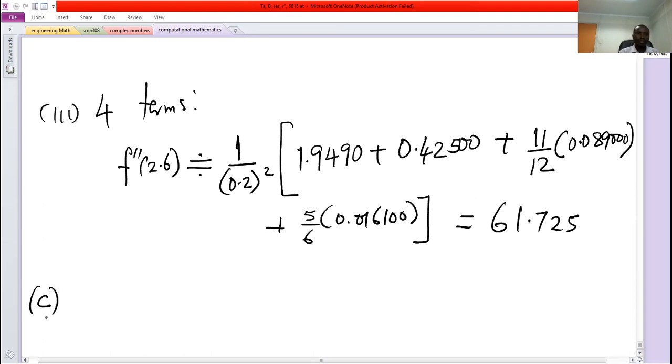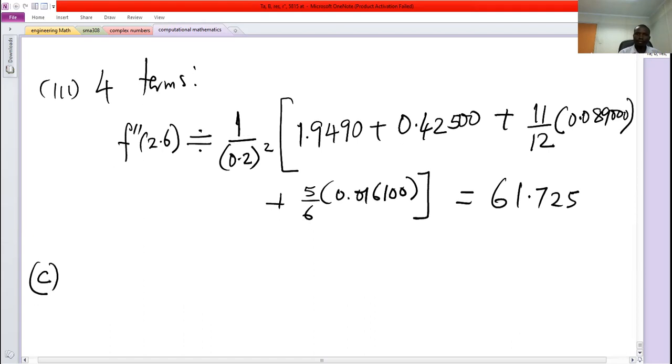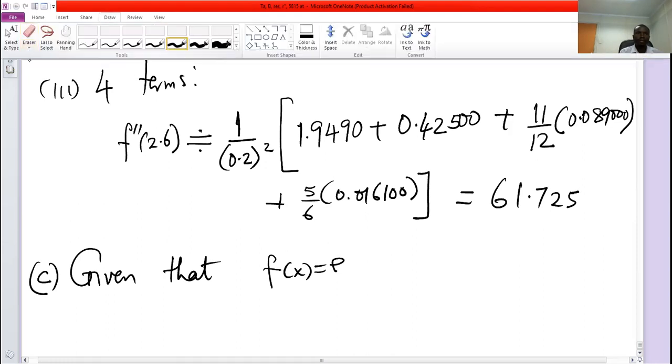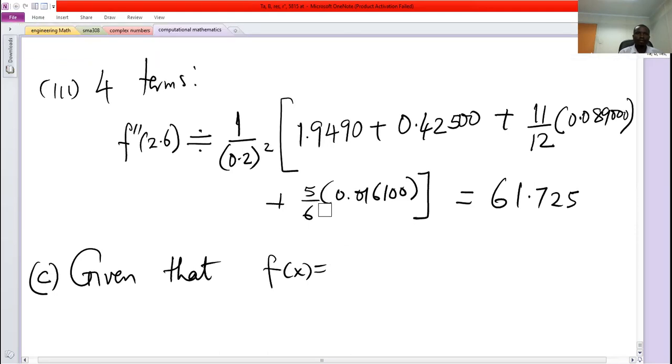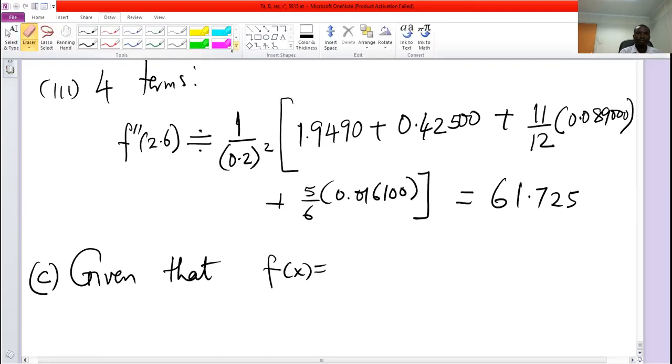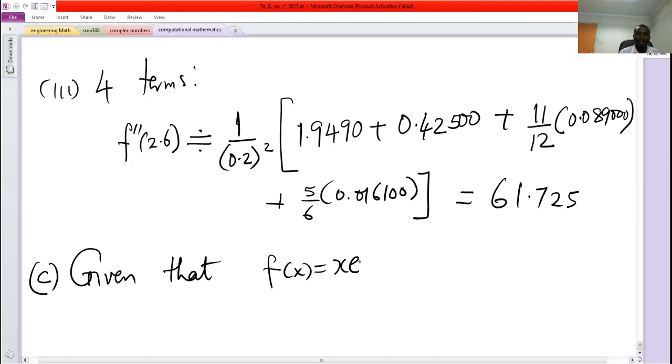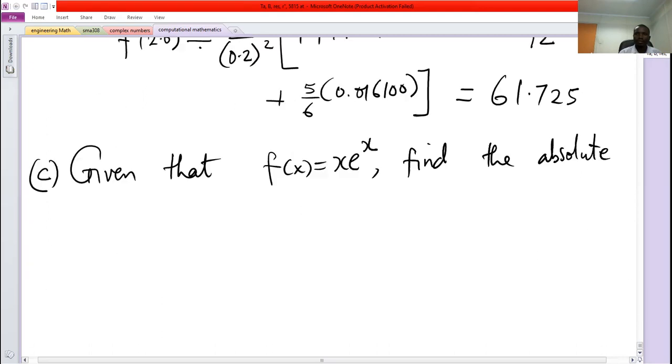And lastly, number C, given that f of x is x e raised power x, find the absolute and percentage error in B above.